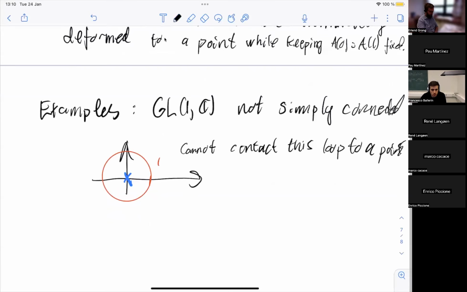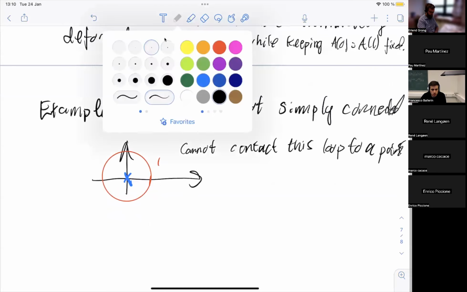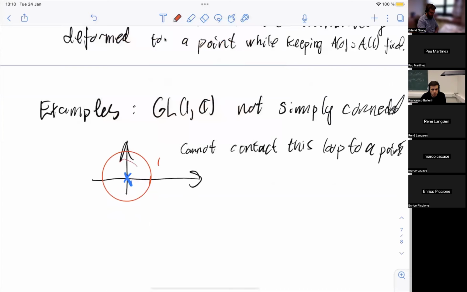If you're doing a deformation here, and you are pulling on this thing, then eventually it gets stuck around 0 and you cannot deform it continuously past that point. And so you cannot deform it to a point.